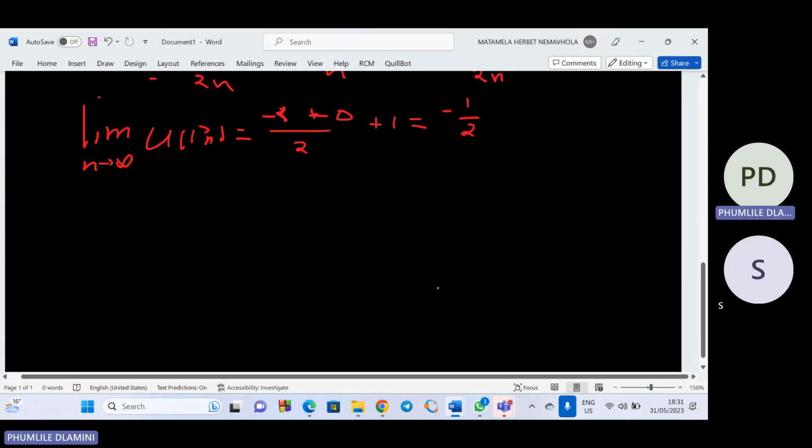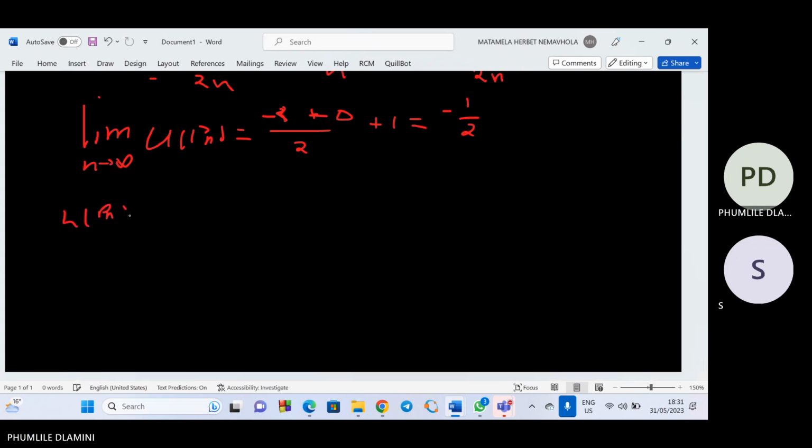Then now we can go to L of Pn. Our L of Pn is going to equal, also, 1 over n, the sum of k equals 1 to n, in brackets minus k over n. It was plus 1, yes.